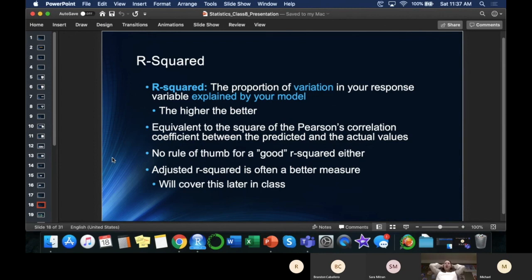It's going to depend on whatever units we have as well. If you're in public health or policy, R squared is probably going to look pretty small because there are many variables going on.